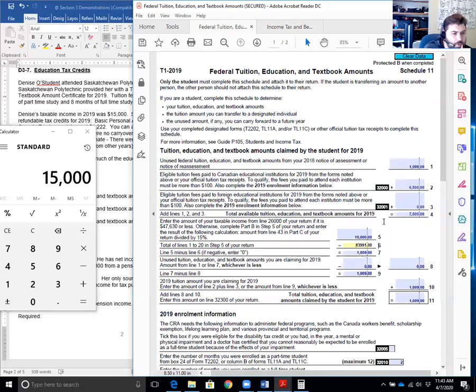So 1 or 7. So 1,000 is less. So we're going to put that in here. Okay, and so we're supposed to push this over here. Okay, line 7 minus line 8 is $9.